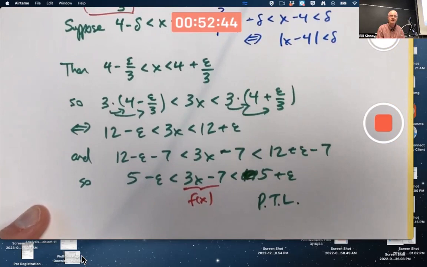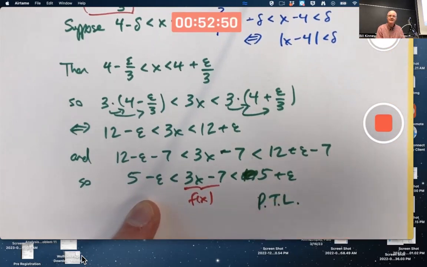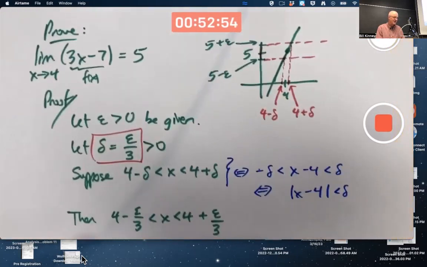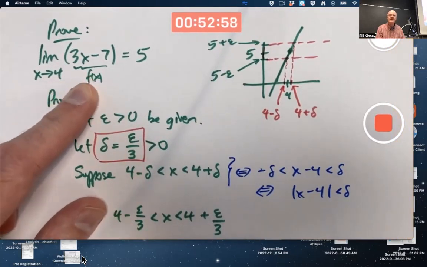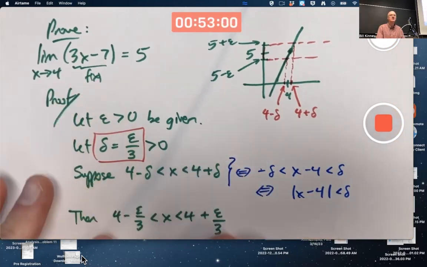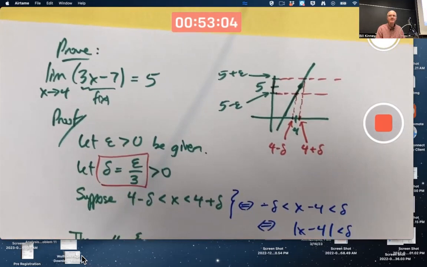That wasn't obvious, that I would get an f of x here and 5 minus epsilon, 5 plus epsilon on the other sides. If it's a nonlinear function like x squared, limit as x goes to 4 of x squared is 16, it gets much trickier. So this is about as simple as it gets.